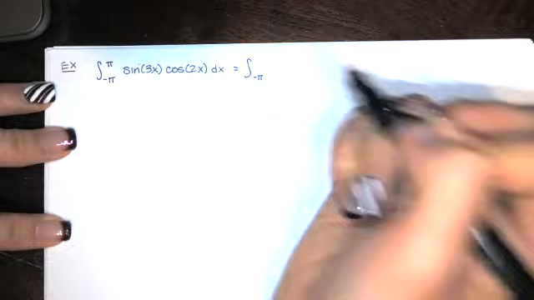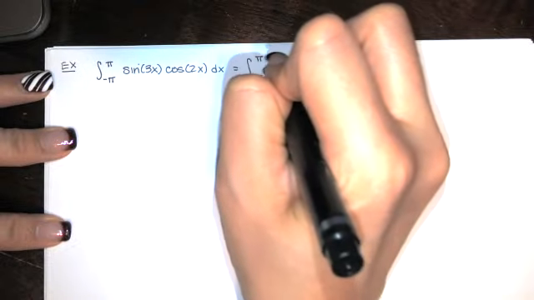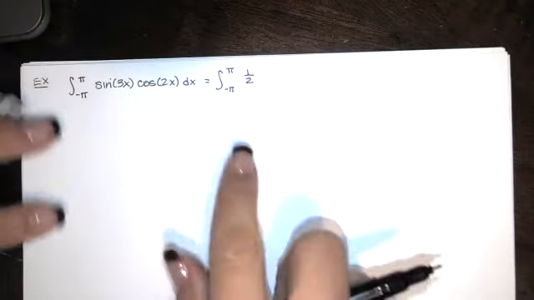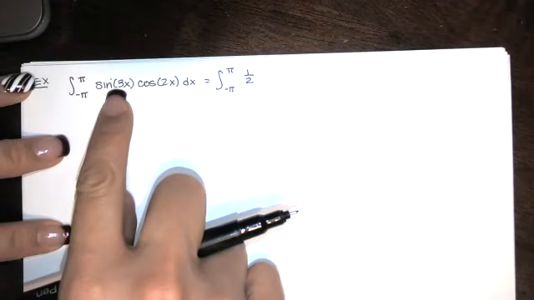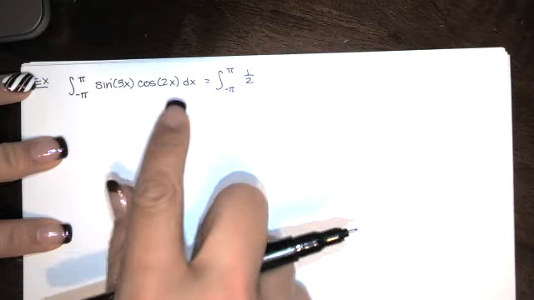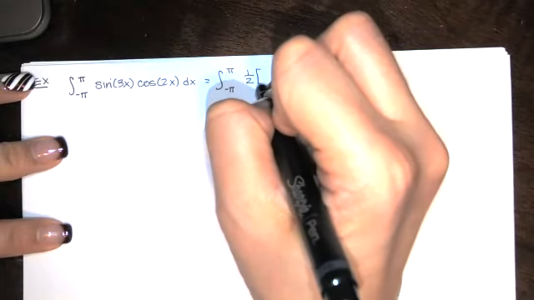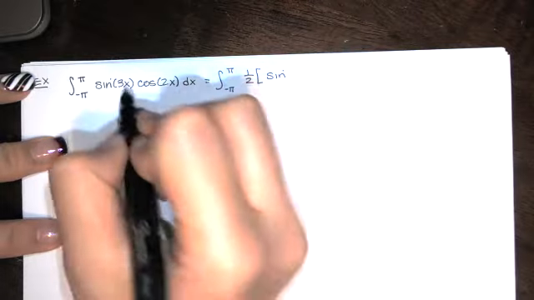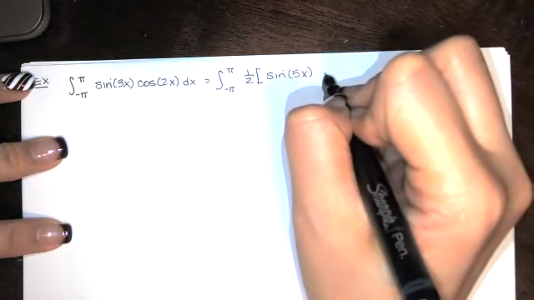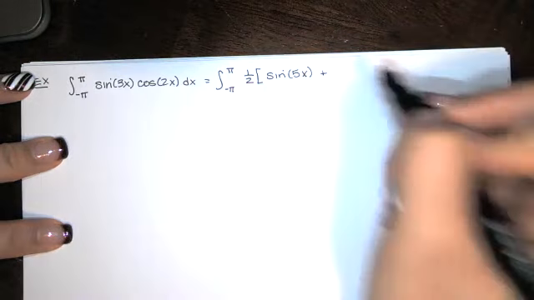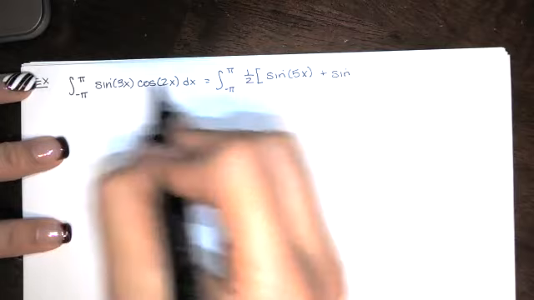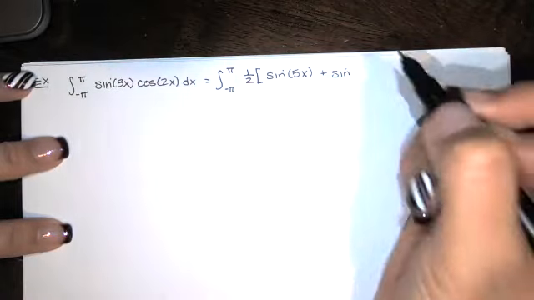Now there is a product to sum identity taught in calculus, but also taught in trig, I'm sure, that says that if you've got sine of an angle times cosine of an angle, that function is the same as 1/2 of the sine of the sum of those angles plus the sine of the difference of those angles, provided those angles are both just a constant times your variable.